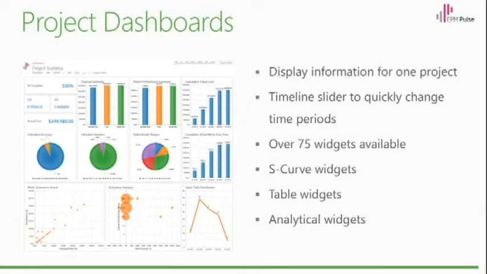We have more than 75 widgets available for project dashboards, and as you can see, there are multiple types: indicators, pie charts, graphs, line charts. We also have a number of analytical widgets that allow you to dive into some data.